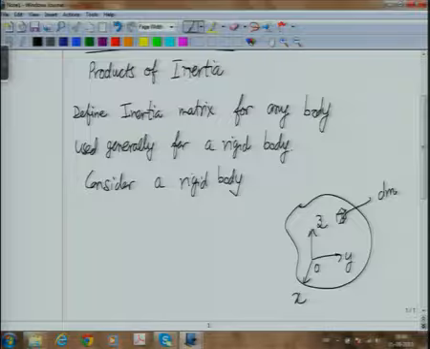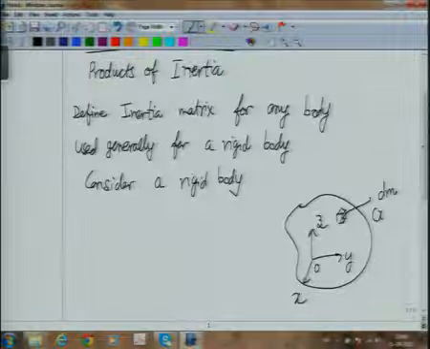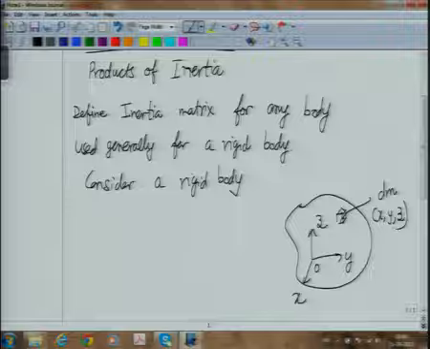So this is an infinitesimal element which we do for all the things. We choose some infinitesimal element dm. Now this mass dm is located at a point whose coordinates are x, y, z.